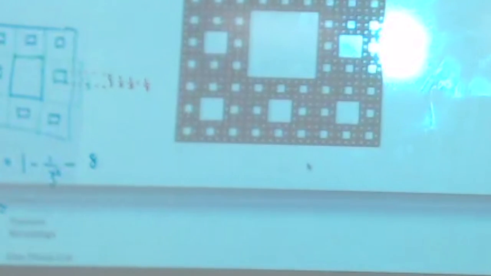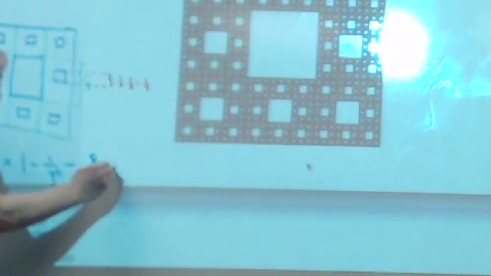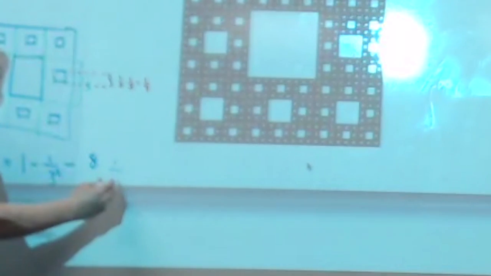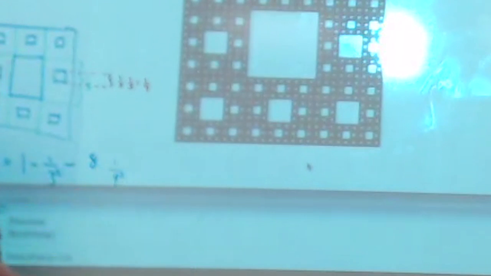But the area of it is not 1/9. The side length is 1/9. So it's going to be 1/9 squared. I was debating in my mind whether I should say 1/3 squared. I'll change the other notation if it helps. But that's the area, right?